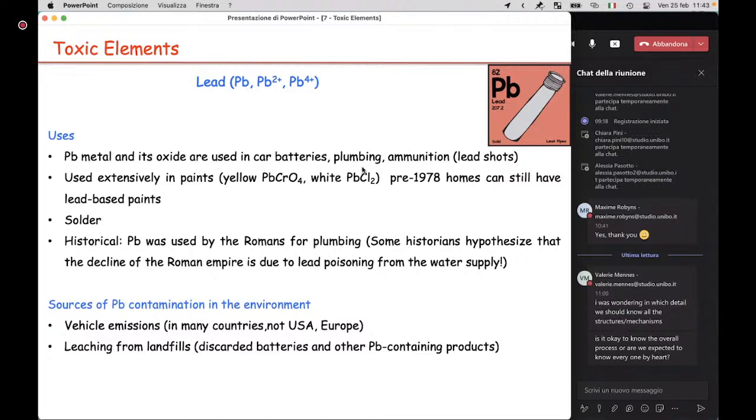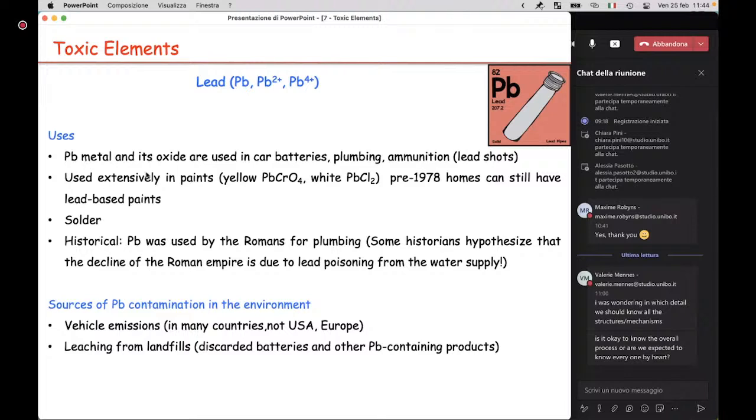It was used also in plumbing for homes and industrial buildings, but nowadays it's very, very infrequent. But it can be found in old homes and so on, and it can release small amounts of lead into the water. So this can be a source of chronic poisoning.